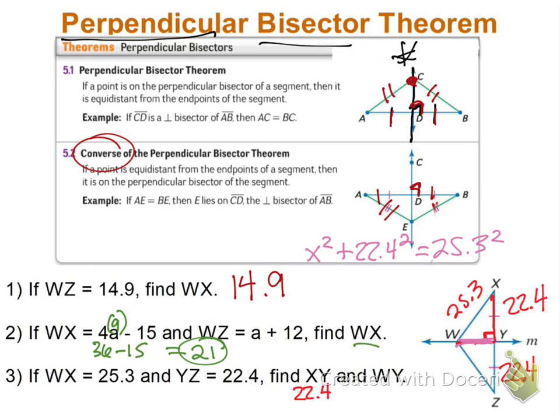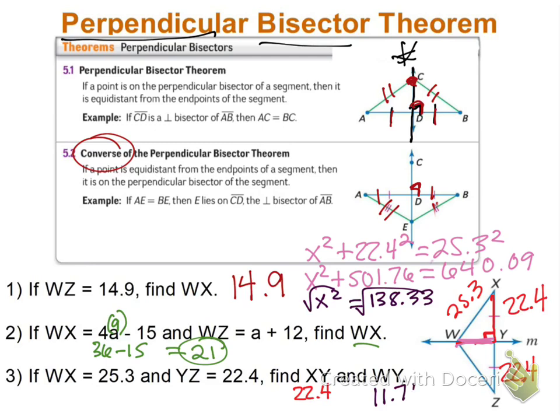So lots of fun numbers here. 22.4 squared, that'd be x squared plus 501.76 equals 25.3 squared, which is 640.09. If I subtract that 501.76, I will get x squared equals 138.33. I'm going to take the square root of that, and WY would be about, we're just going to round this to 11.761.